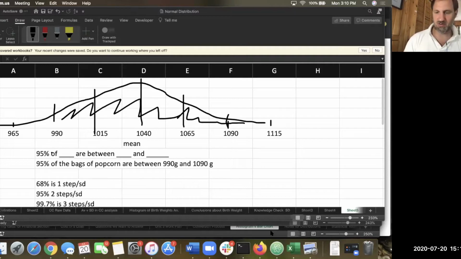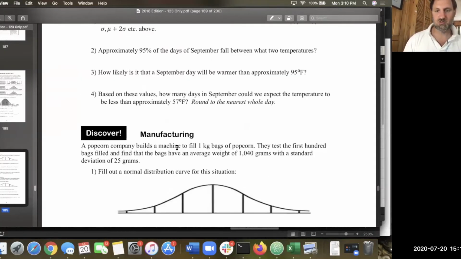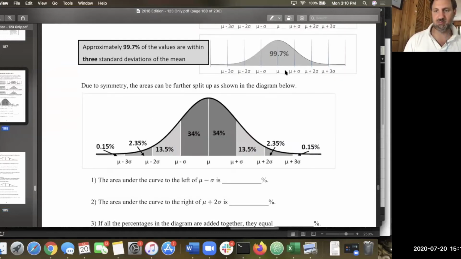Now, this is where this diagram in the book is helpful, because what they do in this picture is they break up the normal distribution into 8 little compartments. Now, these numbers are all based on the empirical rule, which is the 68%, the 95%, and the 99.7%.